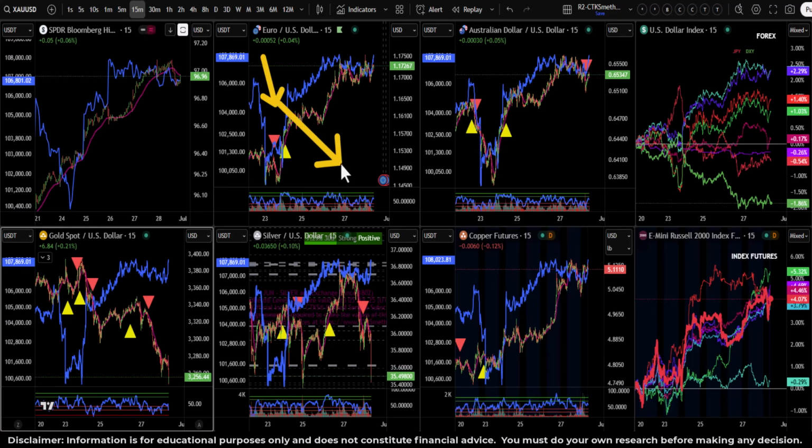So if the DXY is coming down and it starts to shoot up, we would anticipate devaluation in the euro dollar and the Aussie dollar, but more specifically, we can see that Bitcoin is following the euro and the Aussie. Now, if the euro and the Aussie start to retrace, that's not so good, but if they start to break out, we would see confirmation across the cheat sheet. Hopefully you can see how you need to fit the pieces together.